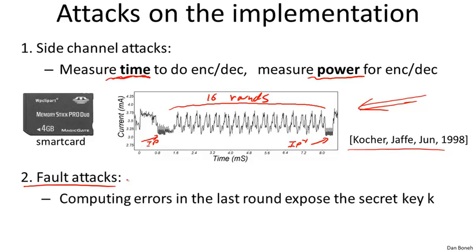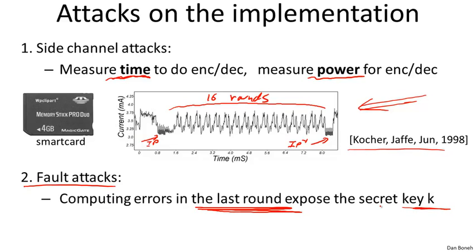Essentially, you can cause the processor to malfunction and output erroneous data. It turns out that if during encryption there are errors in the last round of the encryption process, the resulting ciphertexts that are produced are enough to actually expose the secret key K. It's quite an interesting result that, in fact, if you ever output a wrong result, that actually could completely compromise your secret key.